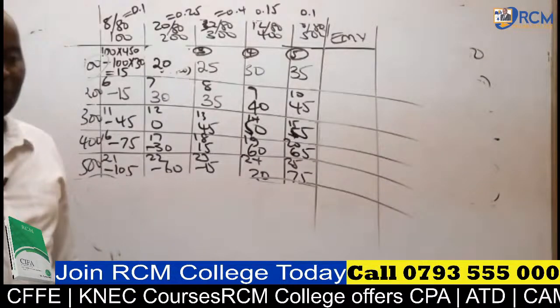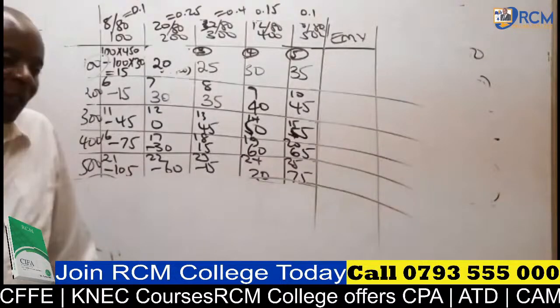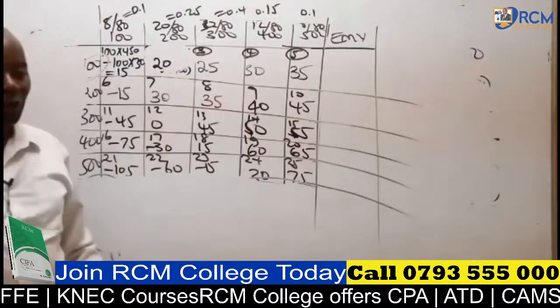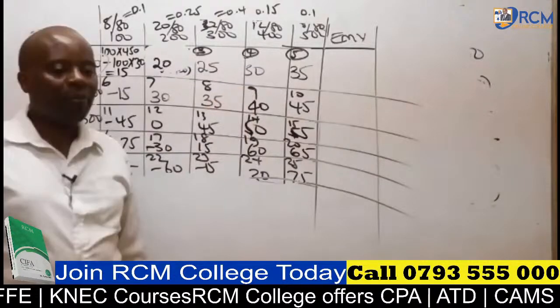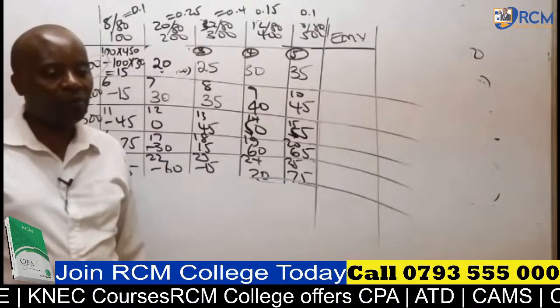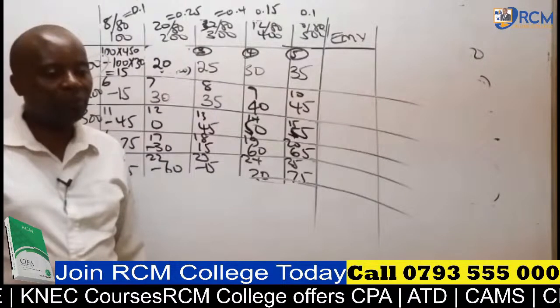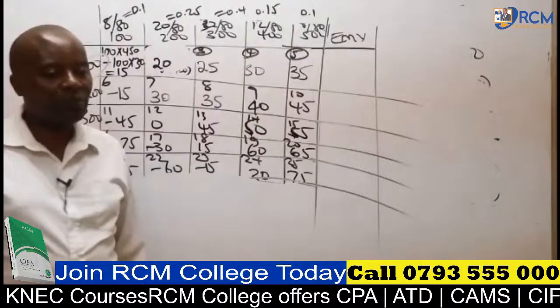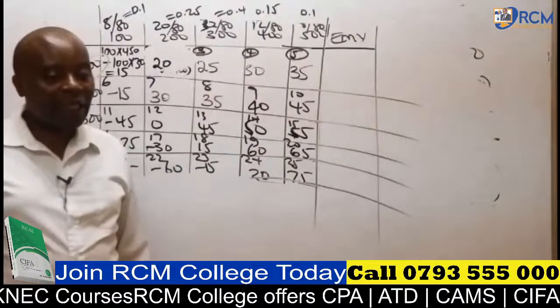So they haven't yet answered me. They haven't told me what they think I will do to be able to get expected monetary value. What you tell me is that we multiply.